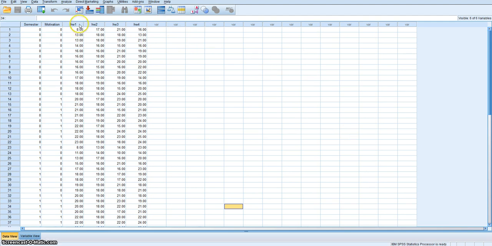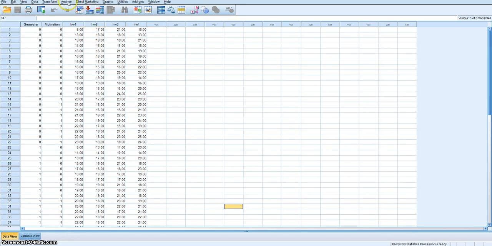We said we're going to focus on homework 1 and homework 2, and we want to see if there are significant differences between those two. So if this is homework 1, after taking homework 1, students have received instruction or practice, and then they take homework 2, we want to see if there are any significant changes.